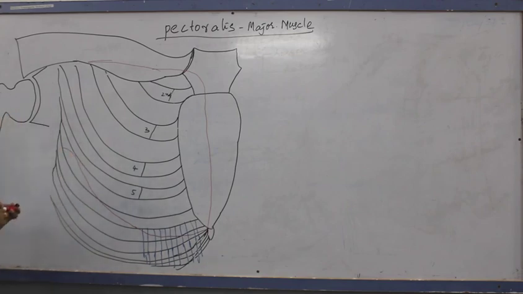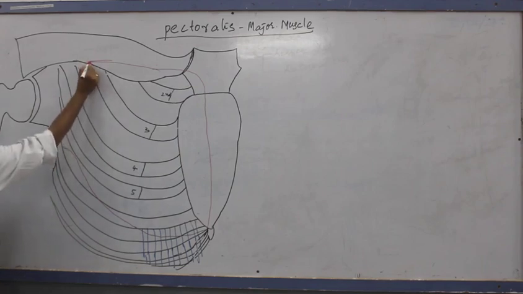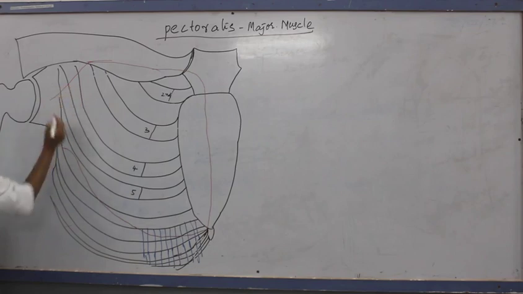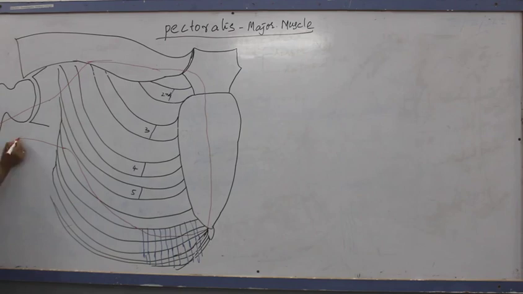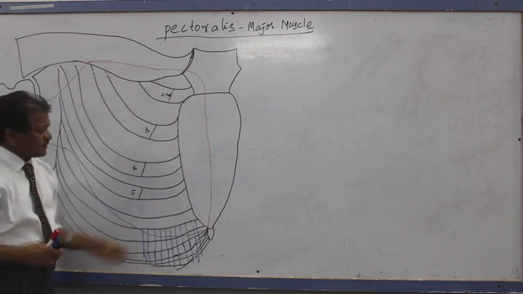So the extension of the pectoralis major is also present in the pectoral region. You see, this is the occupation of the pectoral region by the pectoralis major muscle.